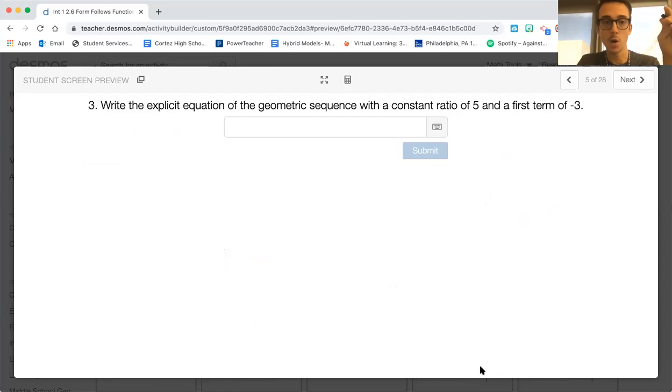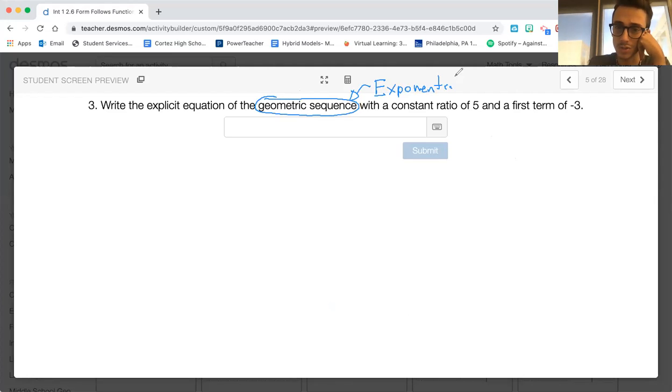Keep that momentum going. Explicit equation of the geometric sequence with a constant ratio of 5 and a first term of -3. All right, so recall, if it's a geometric sequence, this is going to be going exponentially, right? So we need an exponential equation.